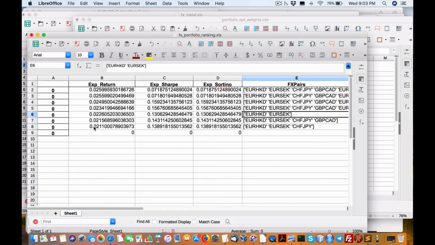What I'm really interested in are these expected return moves, because you obviously want to focus on the asset classes or the instruments that will give you a higher daily expected return. That's the theory.